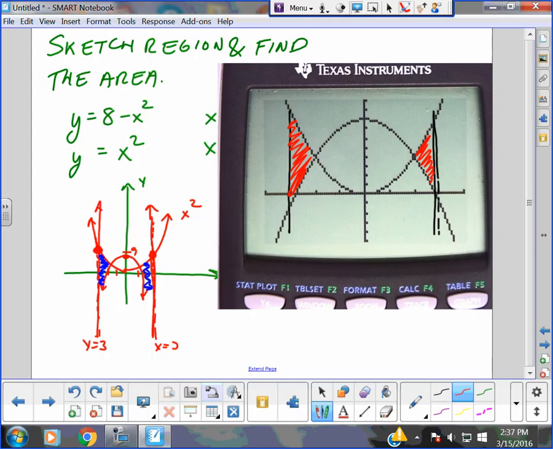I'm so confused. Why are you confused? Usually you found the area where all the curves and lines are touching, and obviously there's not a spot where they're all touching. Those lines are like 6 away from each other. I agree, so there's not one region.